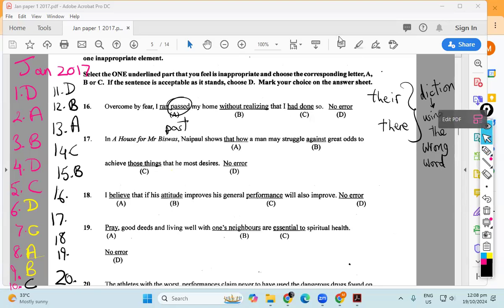Okay, and number 17. In A House for Mr. Biswas, Naipaul shows that how a man may struggle against great odds to achieve those things that he most desires. What do we think of for 17?